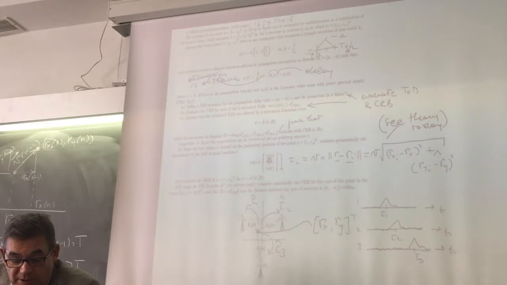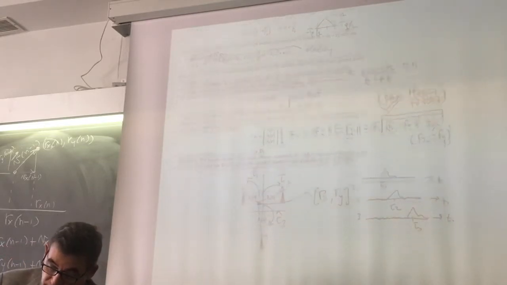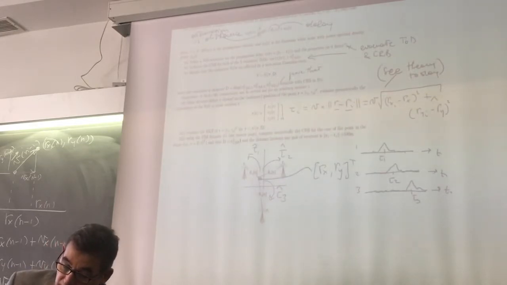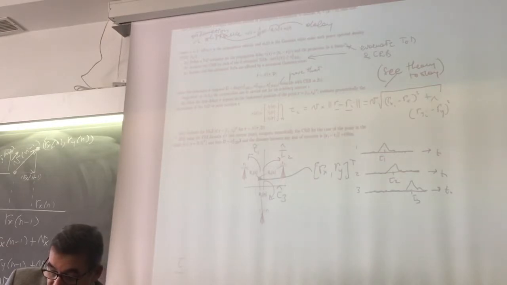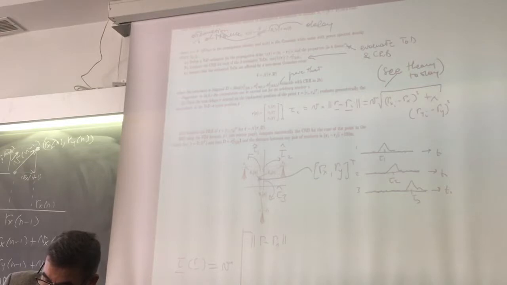The vector tau, depending on the distance, is equal to v times the vector of norms: R minus R1, R minus R2, R minus R3.